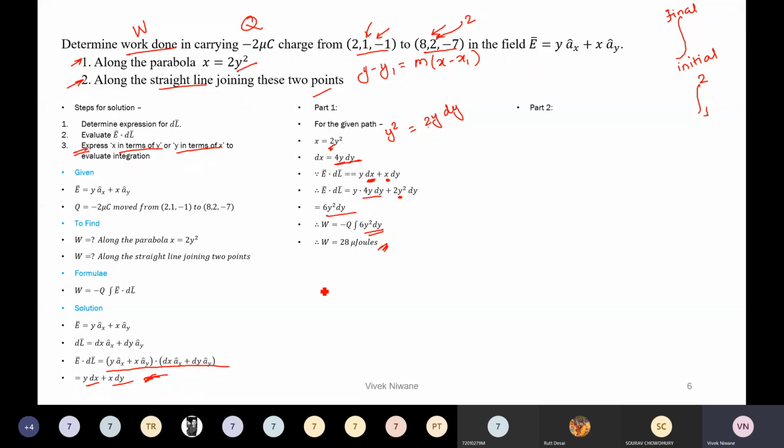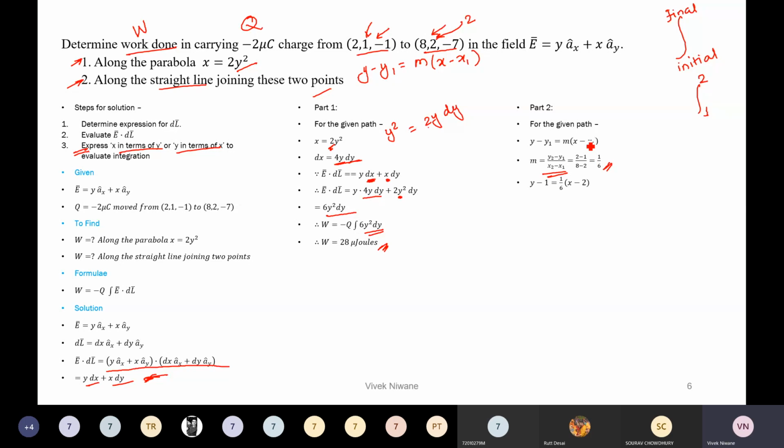Let us go for now part 2. Here we have a straight line, so we have to find an expression for a straight line. The expression for a straight line can be given as y minus y1 is equal to m into x minus x1, where m is the slope of the line expressed as y2 minus y1 upon x2 minus x1. So the slope of the line becomes 1 upon 6.